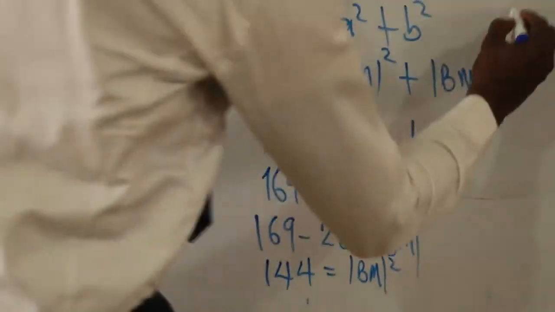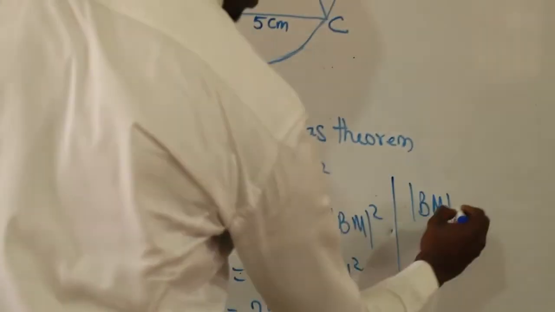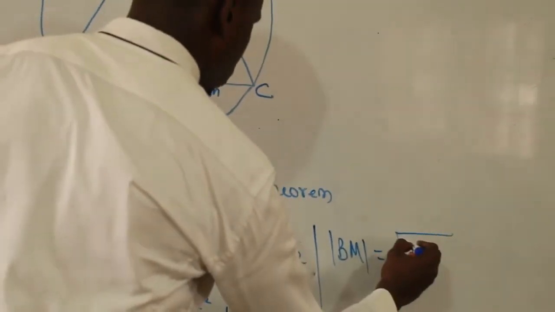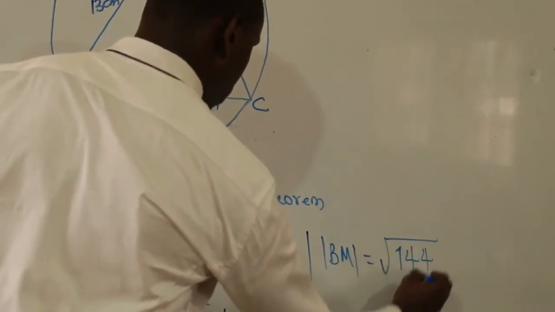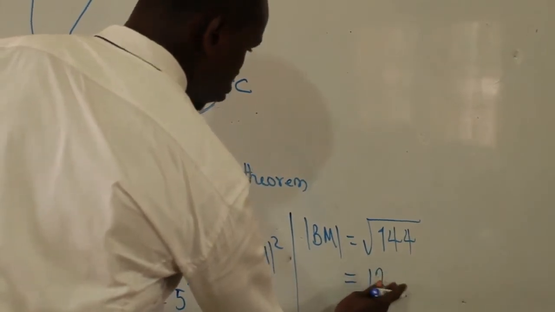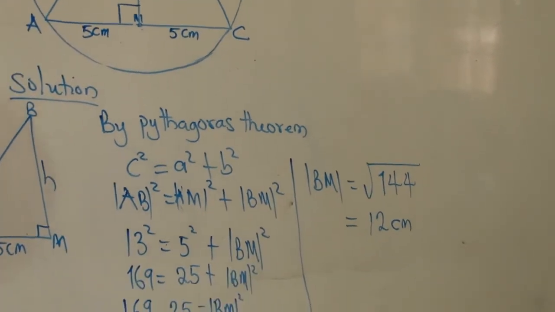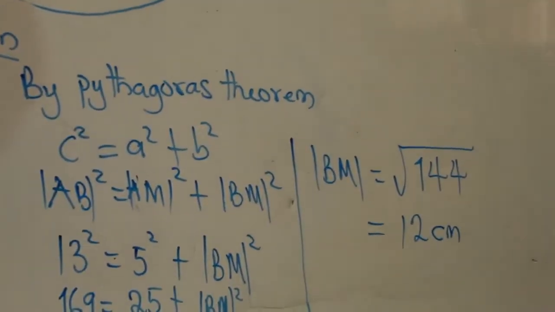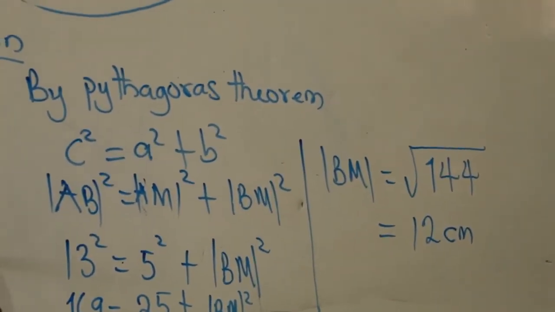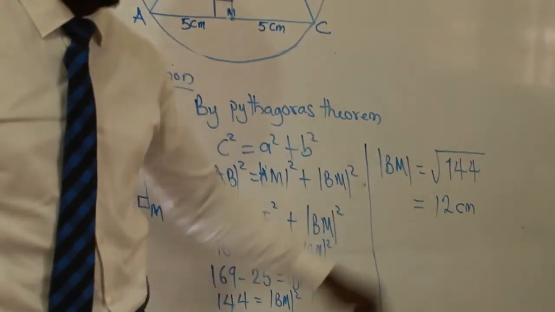So BM becomes equal to the square root of 144, and that's equal to 12. So we can say that BM is equal to 12 centimeters. BM, which is the height of the triangle, has been found to be equal to 12 centimeters.